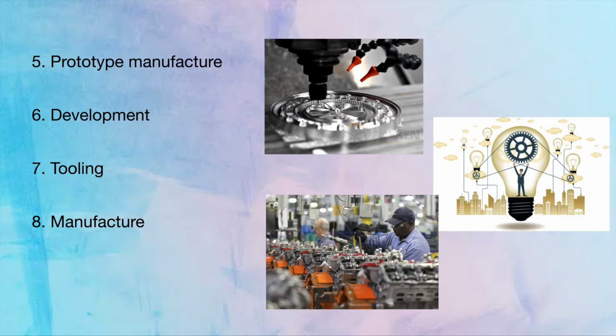Next is development. Testing. Development means, whatever prototype I have manufactured, I am going to observe that product and see whether any other requirements need to be met in the original product. So in this process, I am going to test the product and see if there's anything more to be developed.